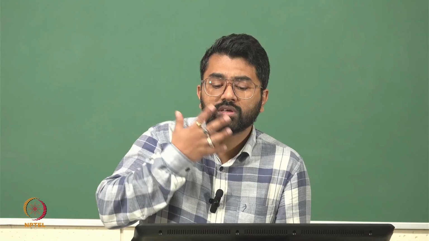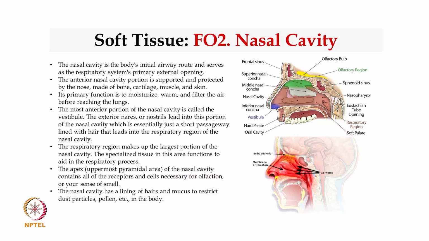So this is along the mouth and the nasal cavity, right? There are three other important aspects, known as the bulbo olfactorio at the top of the nose, the membrana erythematosa, and then the cornetis on the back side. So these are the different soft tissues which are of primary importance, besides the other tissues which I have just explained, right?